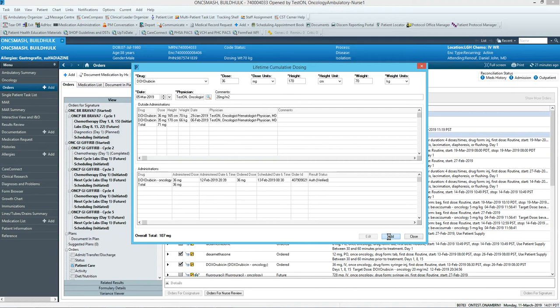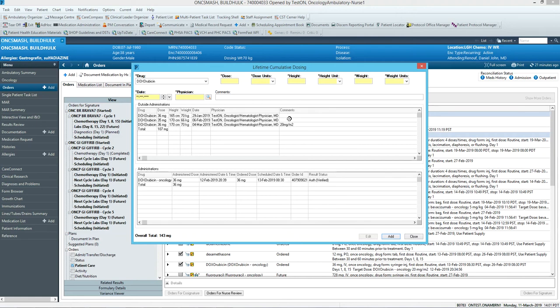And add it. Once I click add, this dose will be added to the upper portion of this window to show and reflect that the patient had this dose delivered on March 4th at an outside center at 20 milligrams per meter squared.